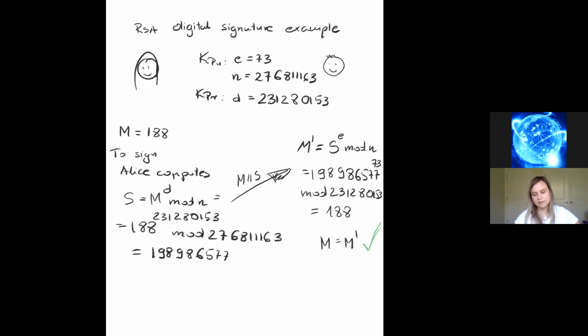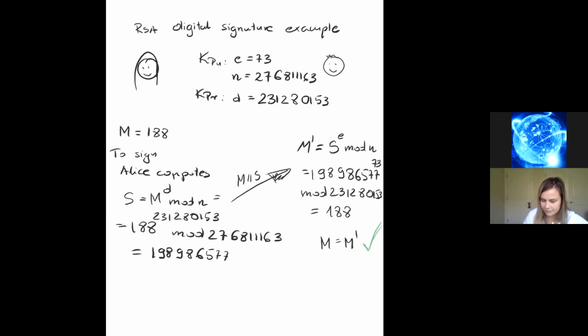Now when we have a look at it, everybody can see the message, right? If we send it through a communication channel which is not secure, everybody can see the message and everybody can see the signature. The point is that Alice is the only one who can generate this signature.